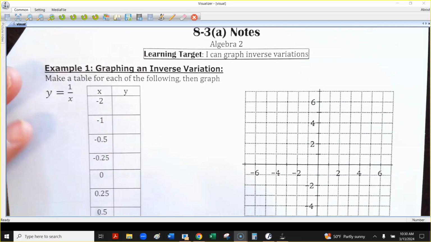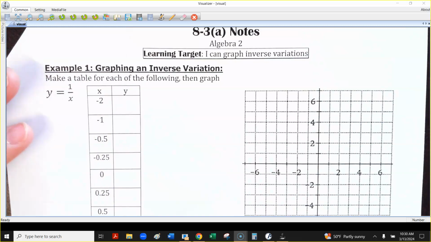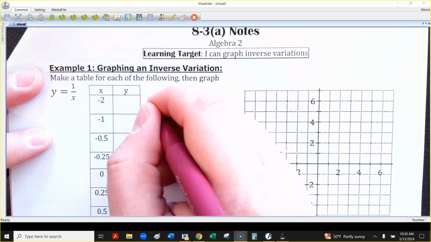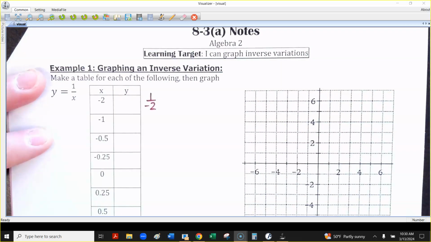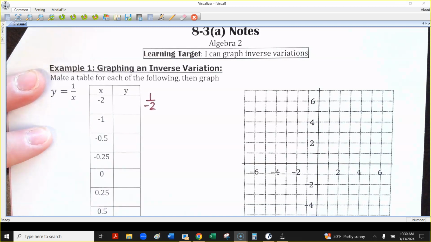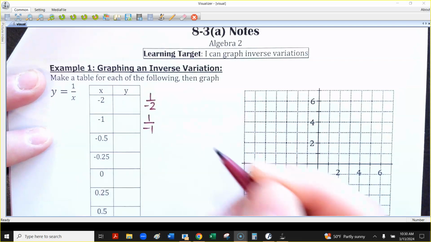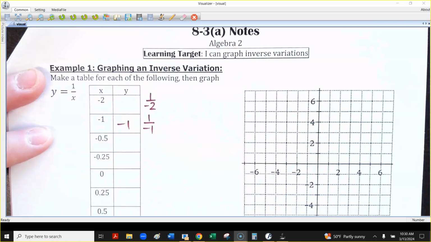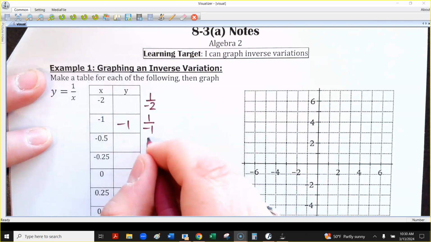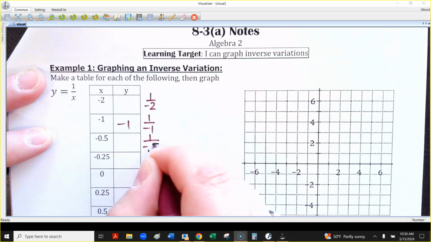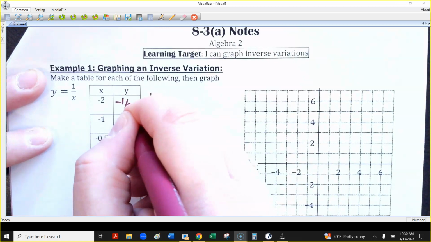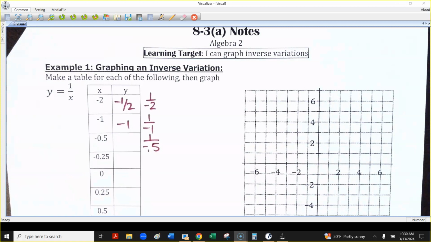If I plug these values in for x, this would just be 1 over -2. If you want to think about that as a decimal or a fraction, that's completely up to you. This would be 1 over -1. That's going to be a nice number. Now, if you do 1 divided by -0.5, it would be like dividing $1 into 50 cents.